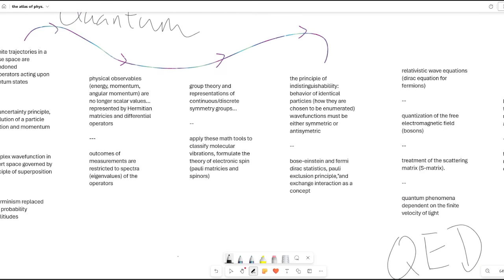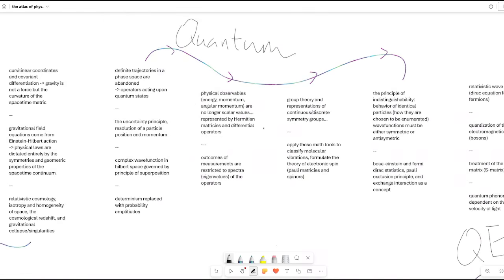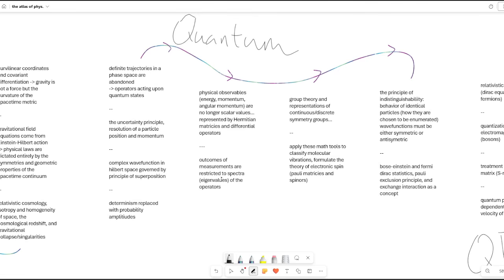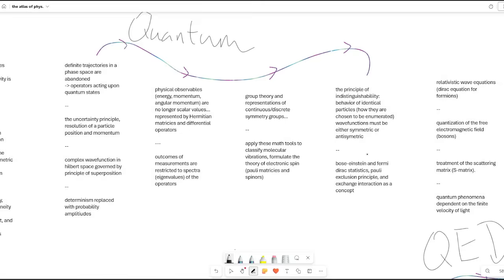But also the Pauli exclusion principle, which states that two particles cannot occupy the same state unless they have different spins. It depends on that for fermions specifically. And then the exchange interaction as a concept is really well motivated after going through all of these things.